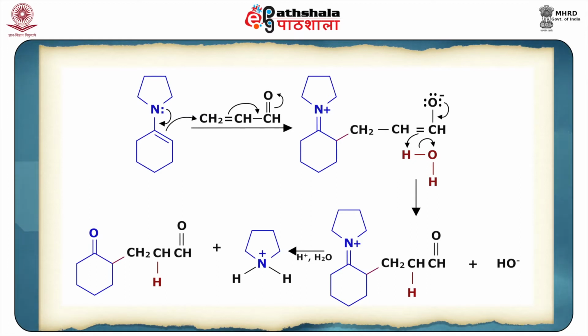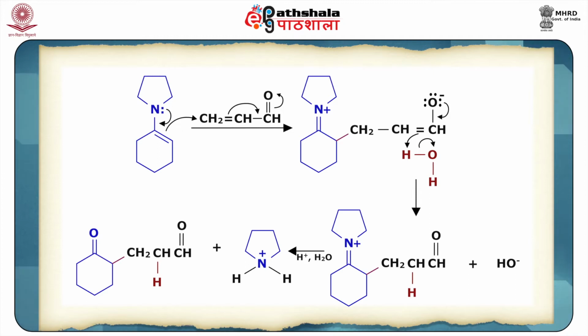Furthermore, this O minus will make this go into C minus, which further will take the proton, or the other way around, the O minus takes the proton, and then tautomerization happens, and you will get this particular substituted aldehyde as the product.